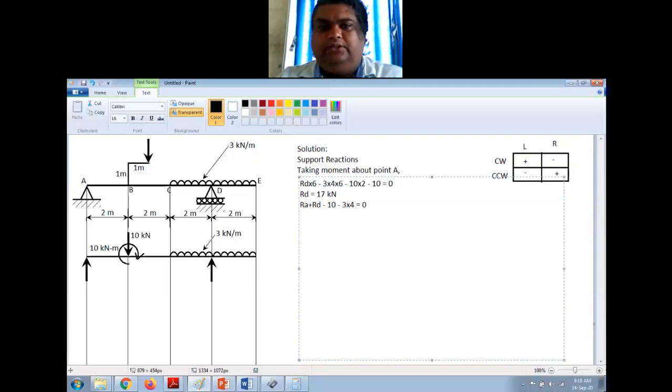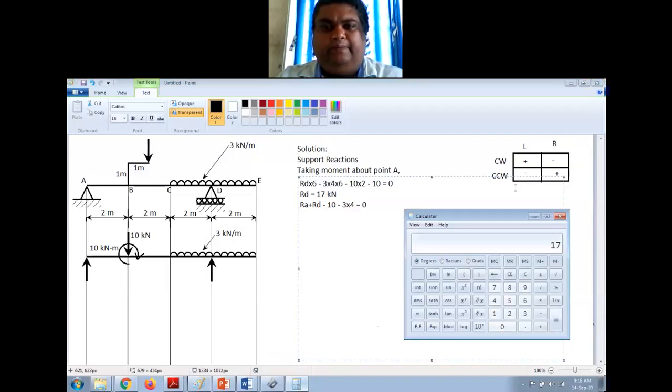Now if you solve this, you will get RA, right? So this negative will come on the other side as positive. So 10 plus 3 fours are 12, 22, minus RD, that is minus 17.